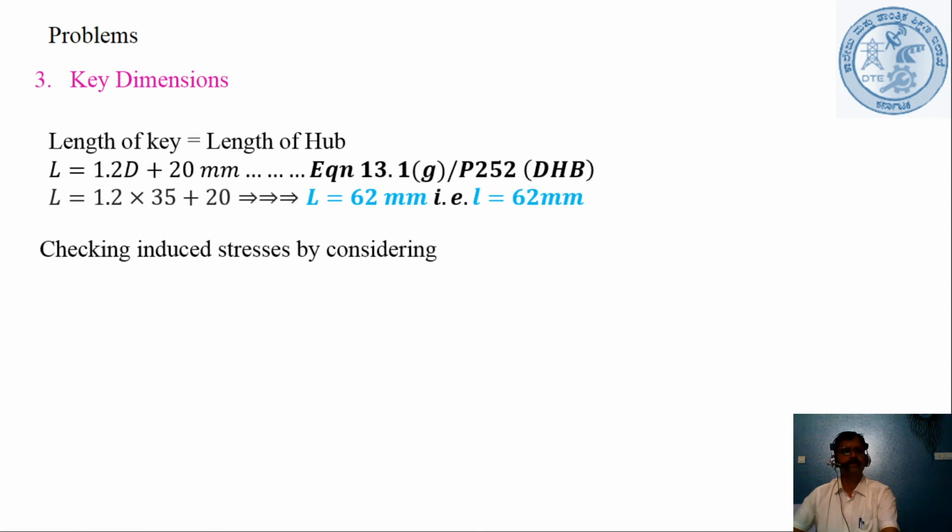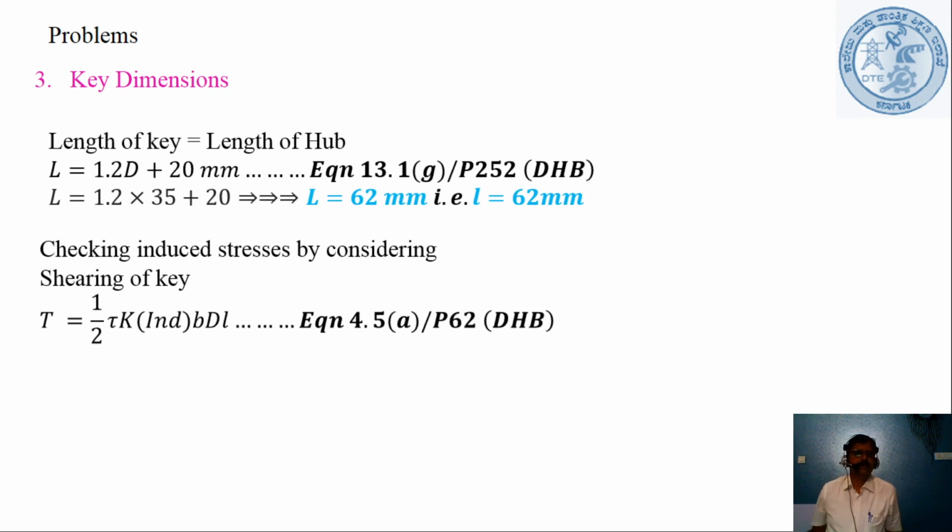After fixing the dimensions of the key, that is the width, height and length from the empirical rules, now check the individual stresses by considering shearing of the key and crushing of the key. Let us start with the shearing of the key.